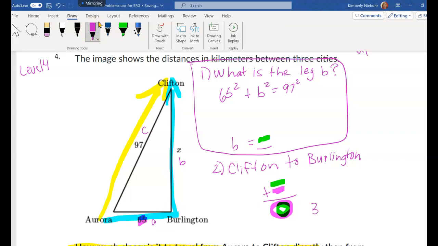Step 3. How much closer is it to travel to Clifton directly? We can subtract.